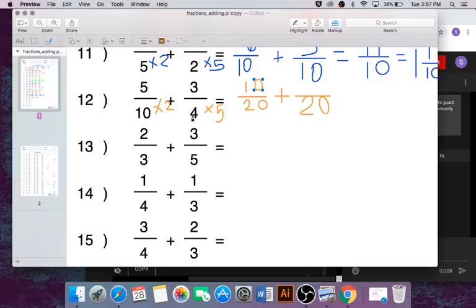For here we multiplied 4 times 5 to get 20, so we're going to multiply 3 times 5 to get 15. 10 plus 15 is 25 over 20.